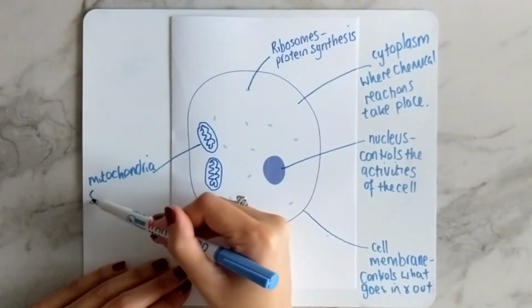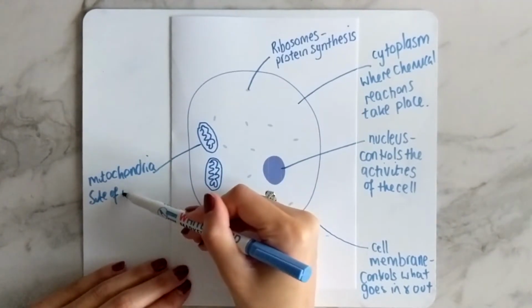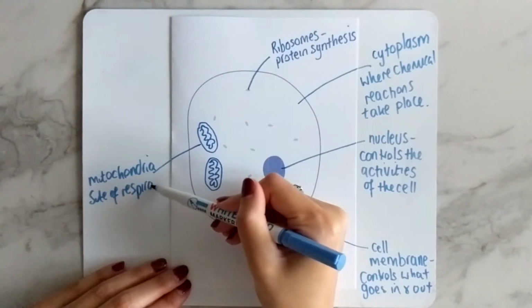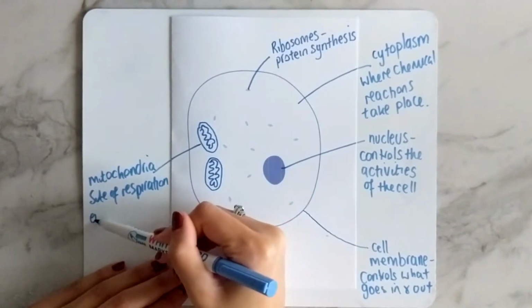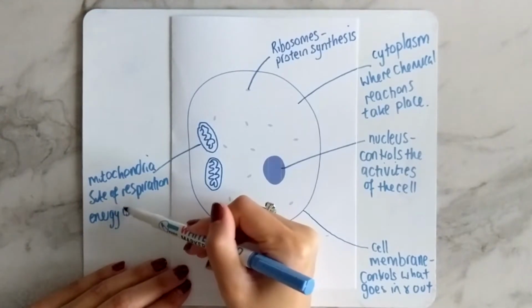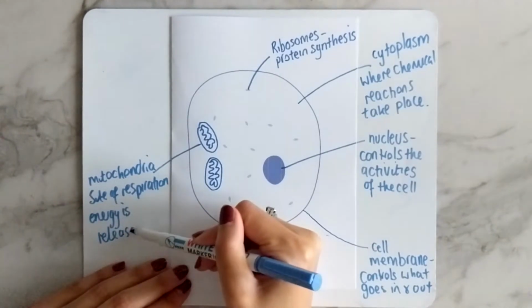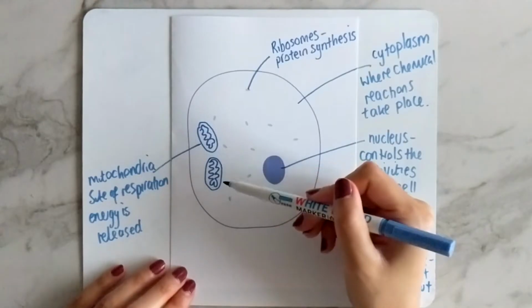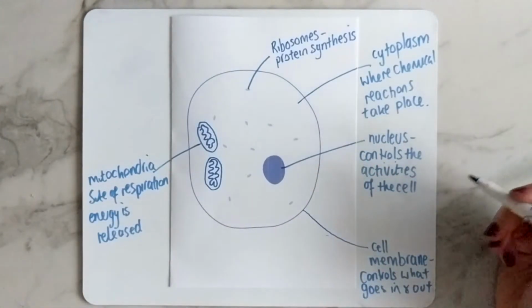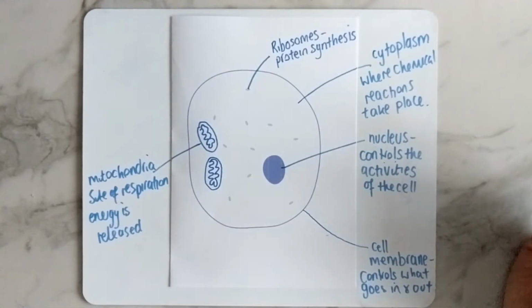So mitochondria is the site of respiration, so it's where respiration takes place and therefore where energy is released, and that shape just increases the surface area, so more respiration can happen and more energy is therefore released. Okay, so that is your animal cell.